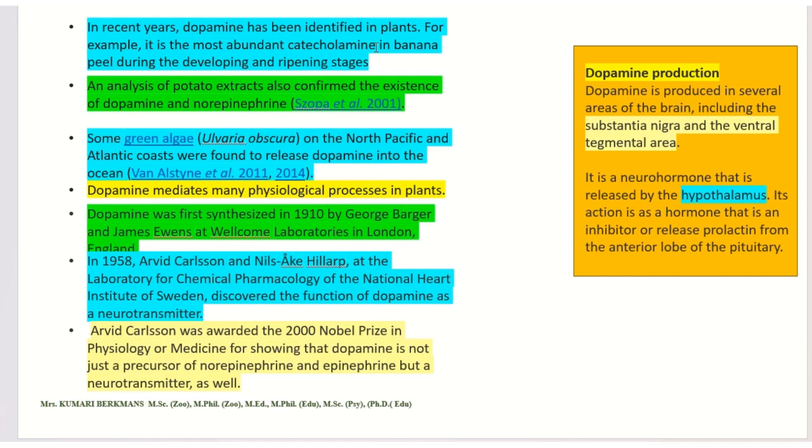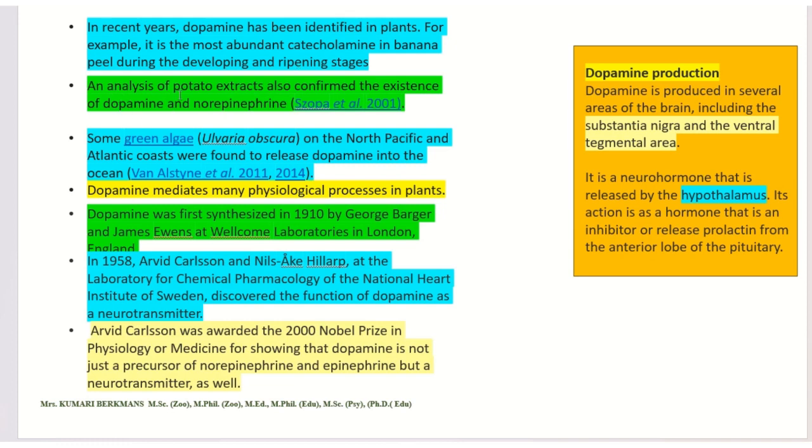There is a layer you can remove from the peel of the banana, and you will get this dopamine abundantly. During the developing and ripening stages, we can take that peel and eat it. It is very, very good for health, and you will get additional dopamine from the banana peel.